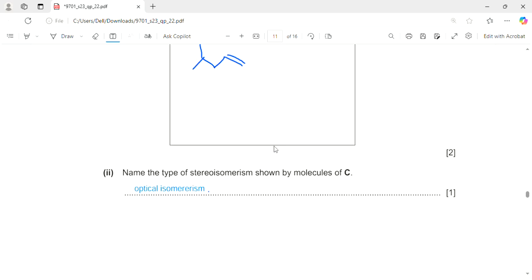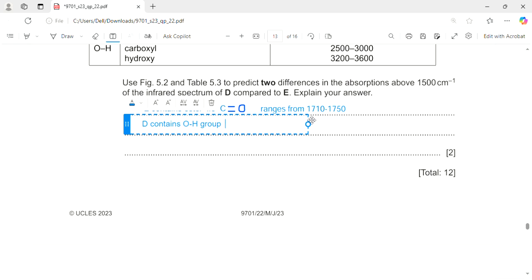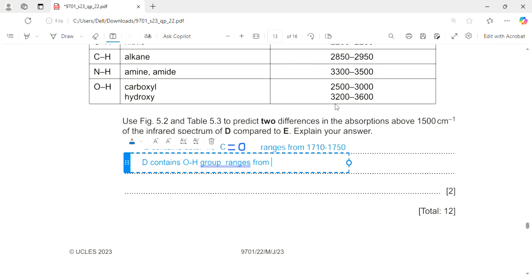D must contain a hydroxyl group, the OH group, which ranges from 3200 to 3600.